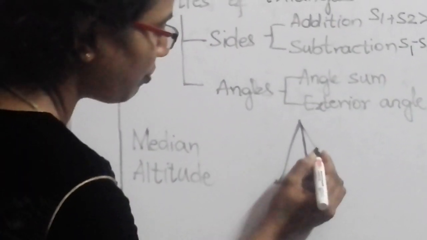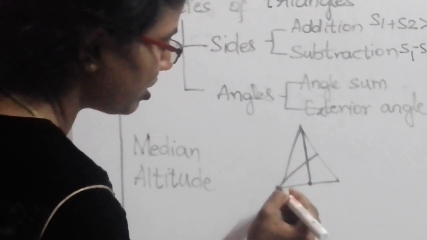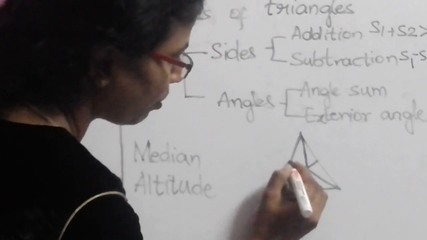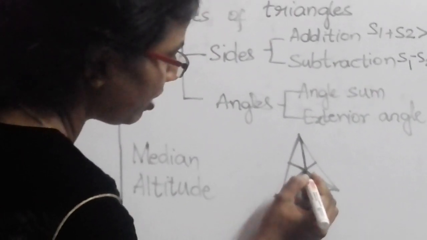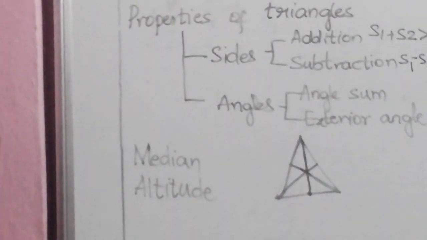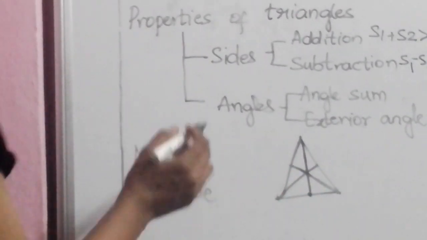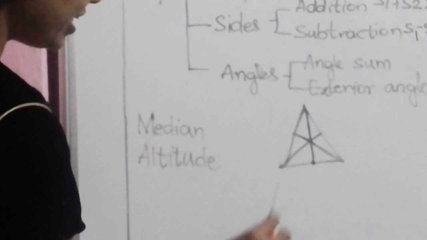So in a triangle, if I want to draw the medians, I have to mark the midpoints and draw. Okay. So here it is intersecting. All the medians meet at one point. It has 3 medians.